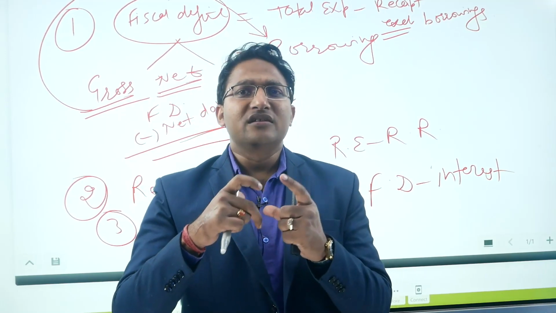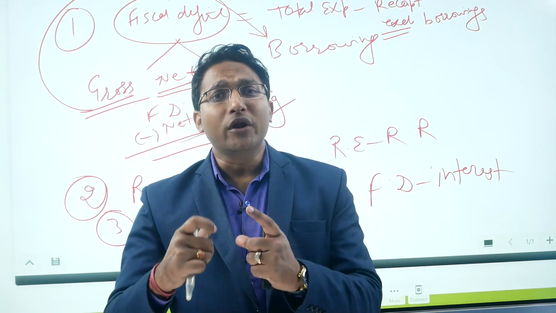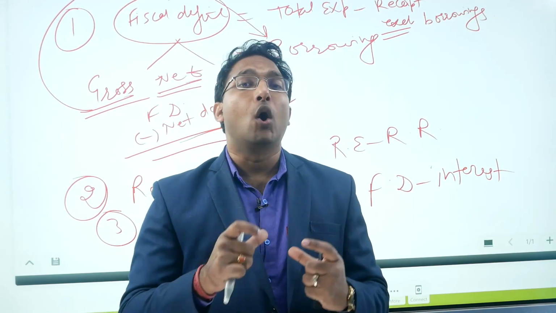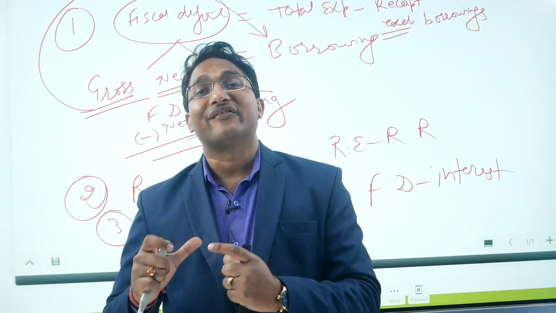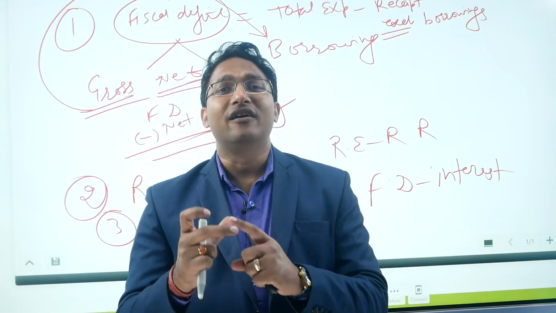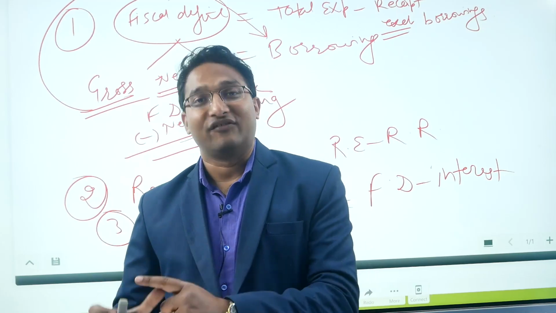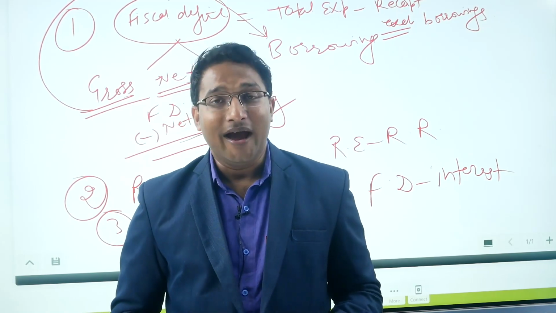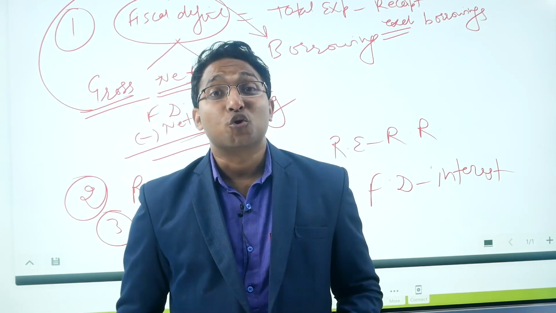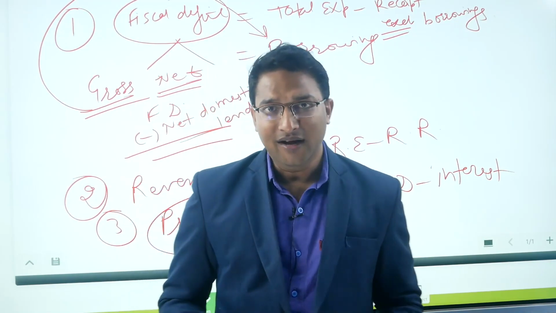So this results in the crowding out effect. This results in crowding out of the private sector, right? So this is the third adverse impact of the deficit. So I hope that now you can understand why there should be control over the deficit, right?